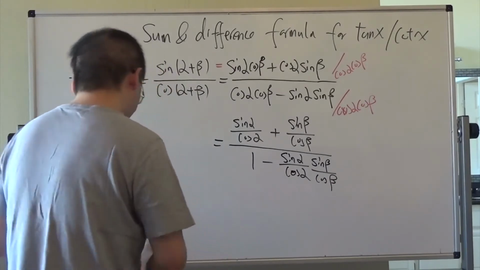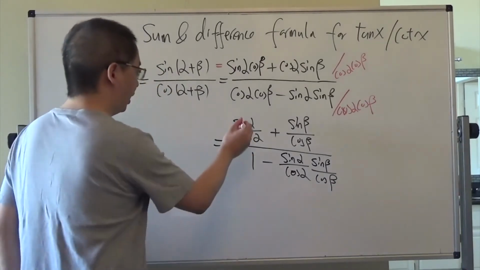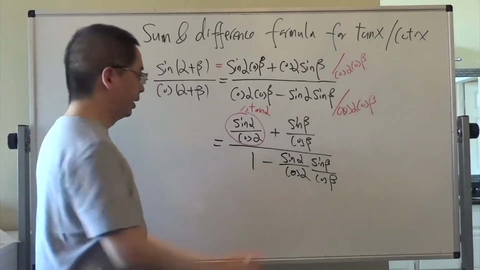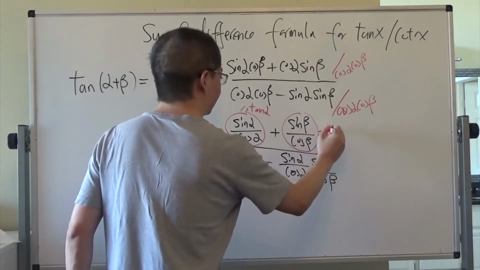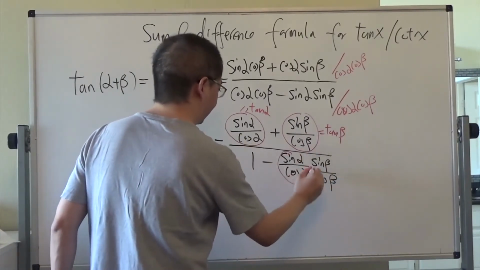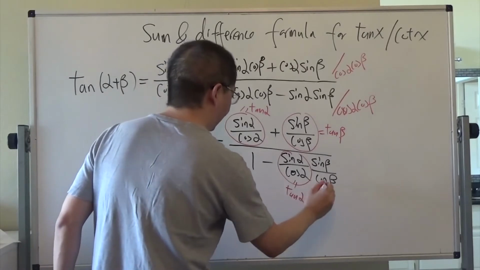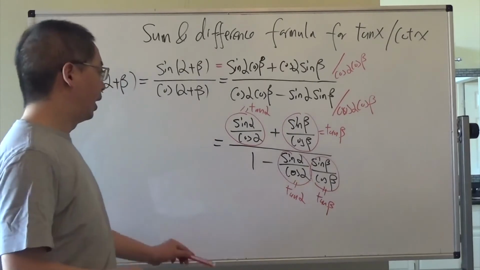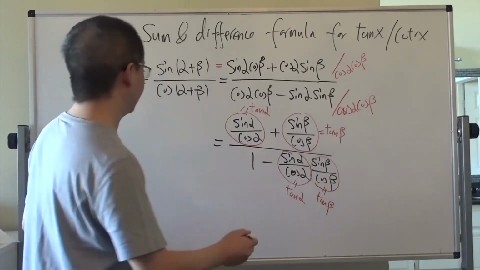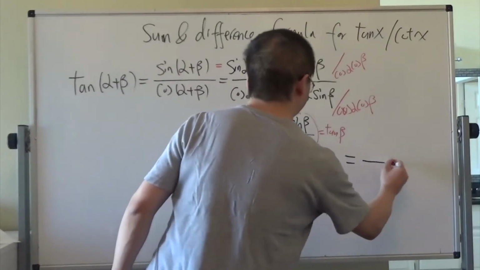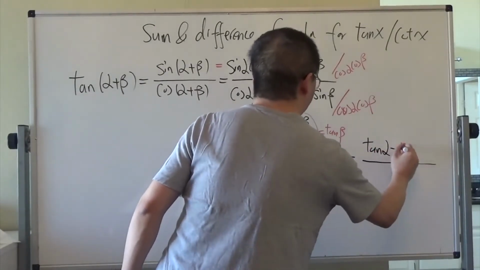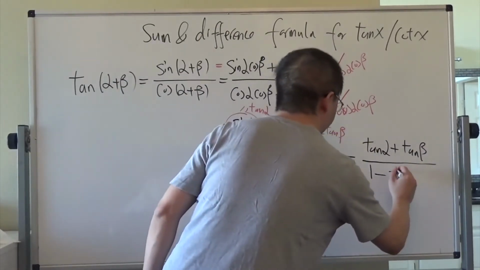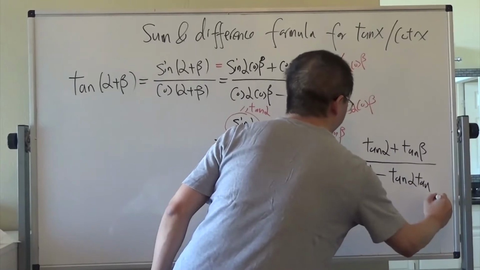Now the point is, this by definition is just tangent alpha, and this one by definition is just tangent beta. Therefore, if you replace by tangent alpha and tangent beta, eventually we derive this one equals tangent alpha plus tangent beta over 1 minus tangent alpha tangent beta.